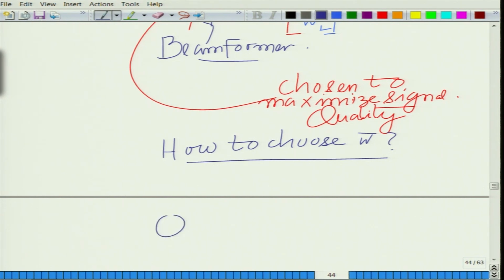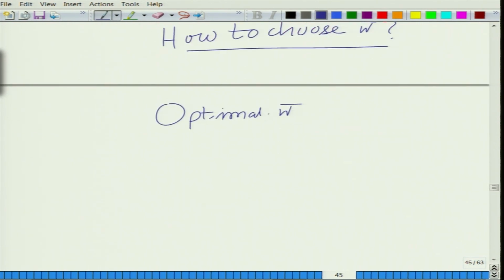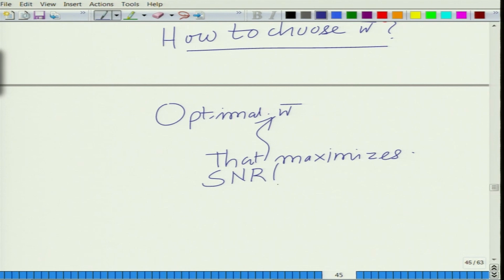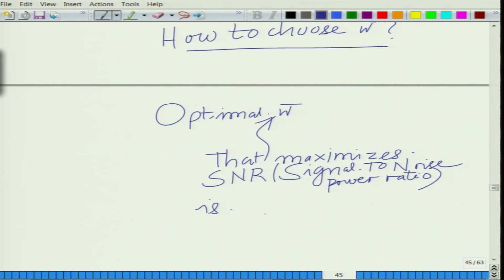Well, the optimal W bar, what do you mean by optimal? Which means the beamformer that maximizes the SNR, or signal to noise power ratio, is W bar equals H bar divided by norm of H bar.